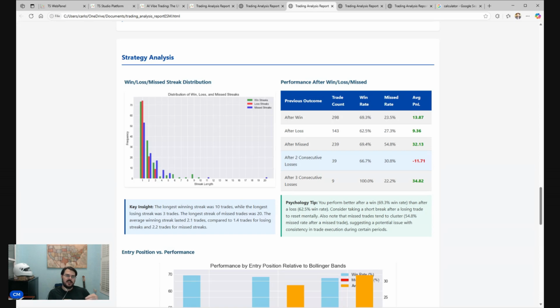So the agent, after it has a loss, switches the contract and the broker from the paper trading to the real broker, from the MES to the ES. And the reason that we use the MES to trigger the trades is because we have more volume on the MES, so it's a better data set for our system to trade.